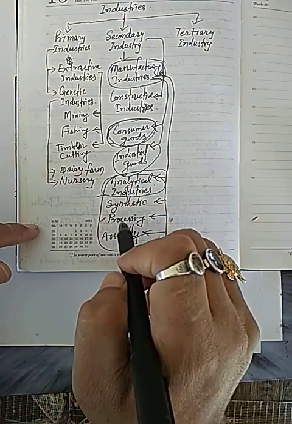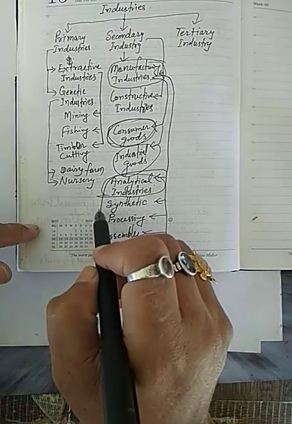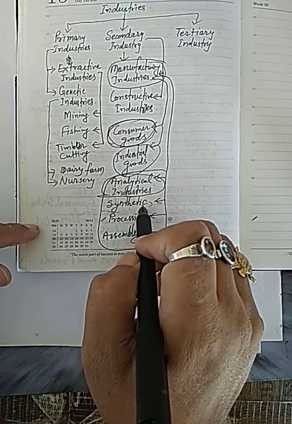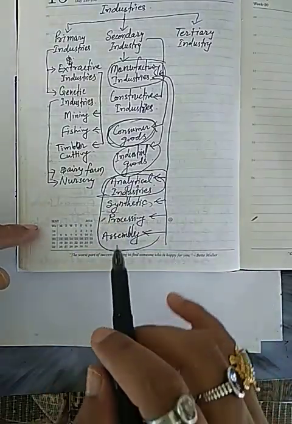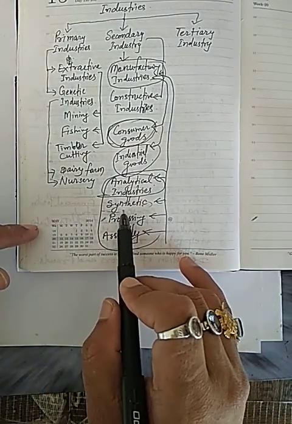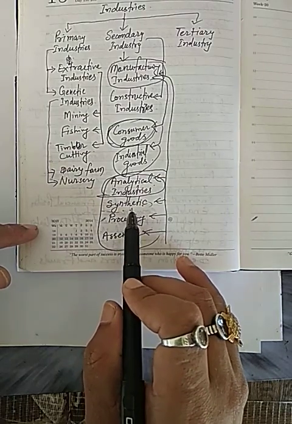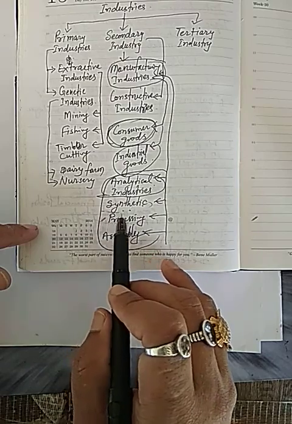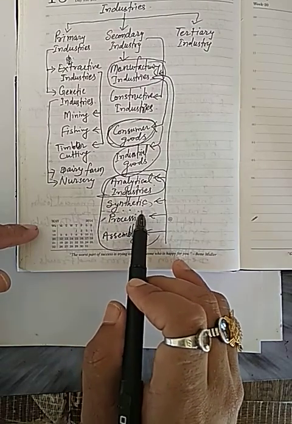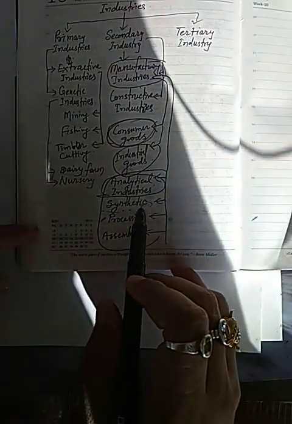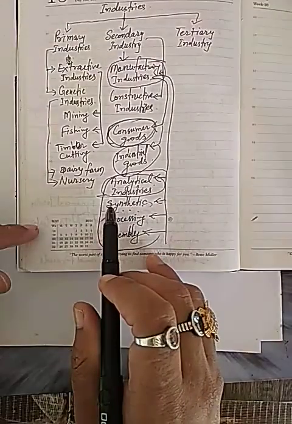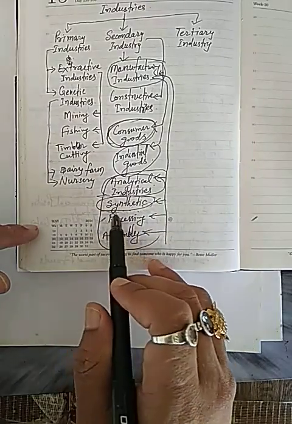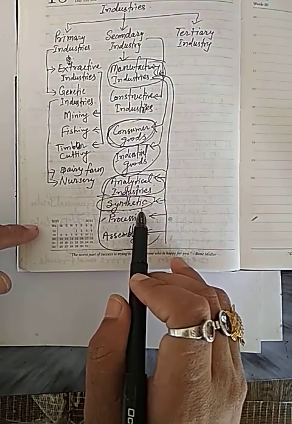Two or more materials are mixed to manufacture some new product. For example, various chemicals are mixed to produce soap, paints, cosmetics, etc. These are the examples of synthetic industries.